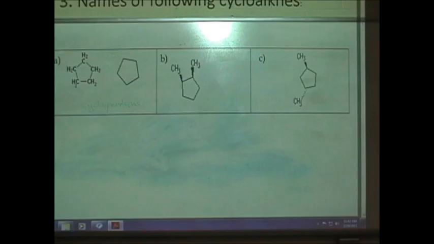Remember we talked about constitutional isomerism, conformational isomerism, geometrical isomerism, and then optical stereoisomerism. These are called stereoisomerism, because of the rigidity, just like the double bond.